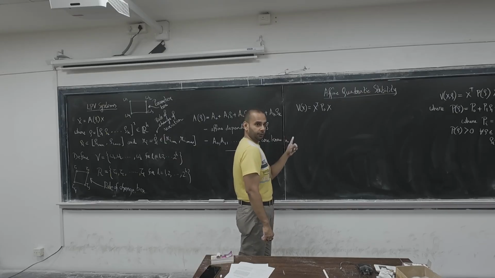This is only x transpose P0 x, and the other one is x transpose P of rho x. Now you can see that here P0 is only one matrix variable.